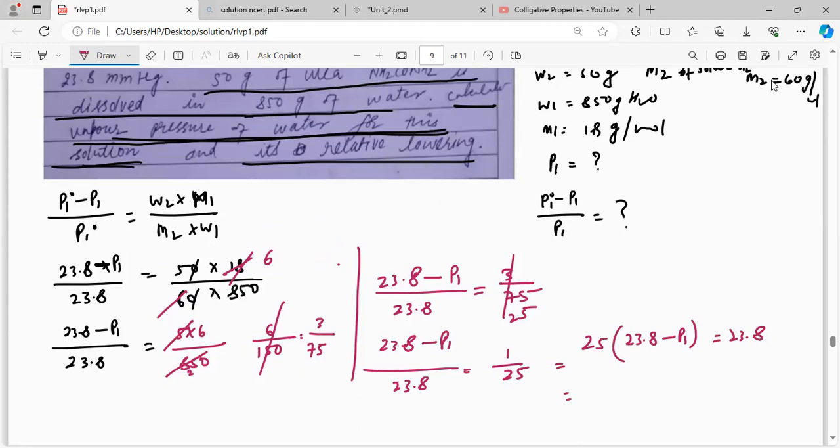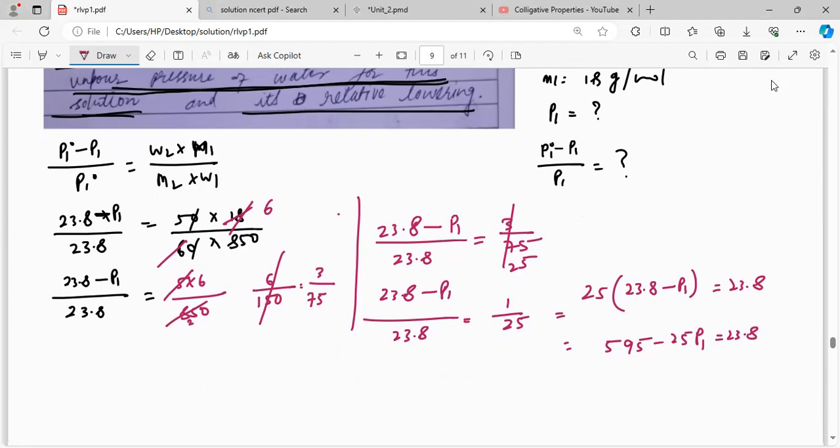So here 25 multiplied by 23.8 is coming 595, minus 25 P1 is equal to 23.8. Now what you can do here: 595 minus 23.8 is equal to 25 P1.